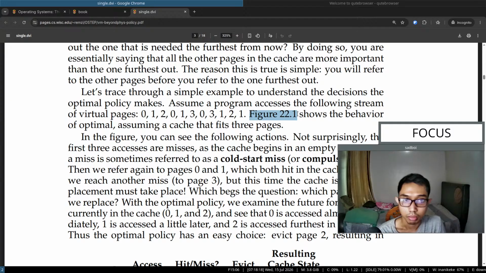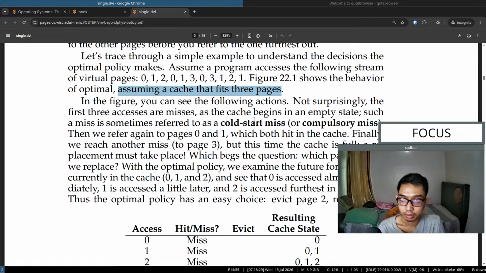Figure 22.1 shows the behavior of optimal, assuming a cache that fits three pages. In the figure, you can see the following action.